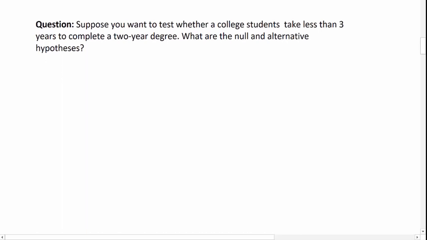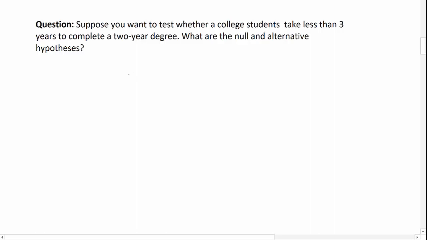Here we go. Suppose you want to test whether a college student takes less than 3 years to complete a 2-year degree. What are the null and alternative hypotheses? Okay, so as you'll see with a lot of these problems, once you read a problem involving hypothesis testing you'll quickly see that they're only going to give you one hypothesis. And in this case, we're trying to test whether a college student takes less than 3 years to complete a degree.